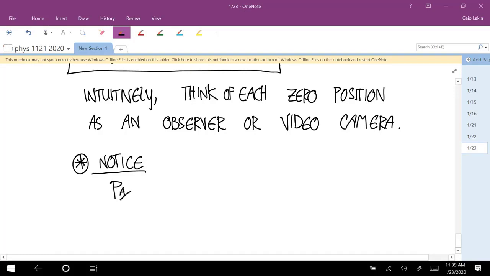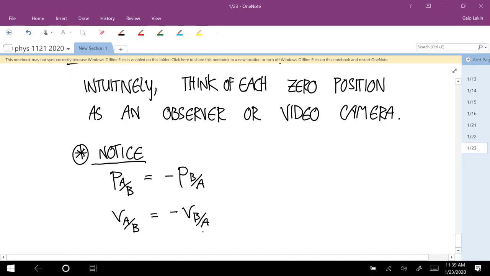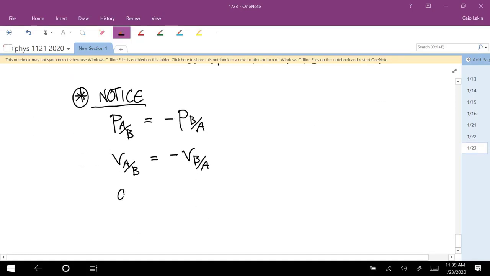Position of A relative to B is negative position of B relative to A. Velocity of A relative to B is negative velocity of B relative to A. And acceleration of A relative to B is equal to negative acceleration of B relative to A.